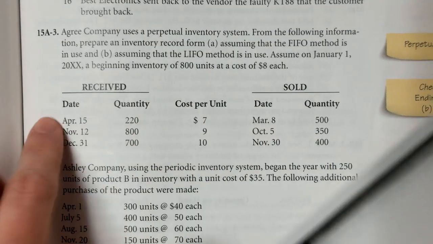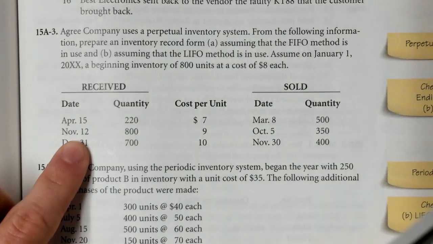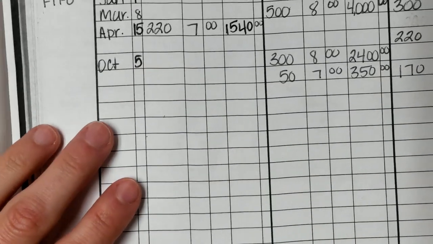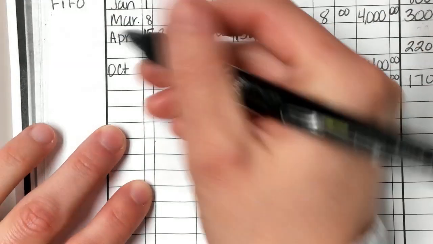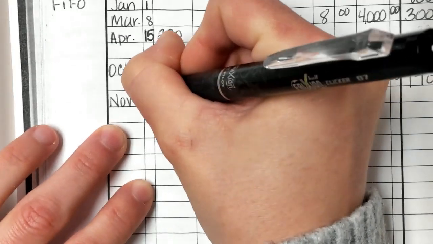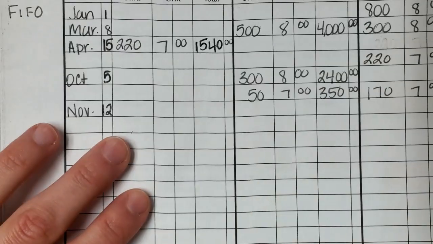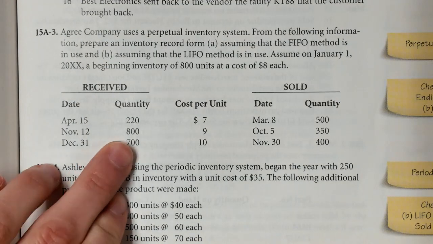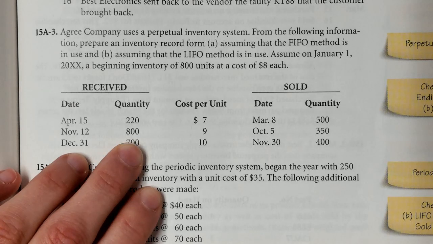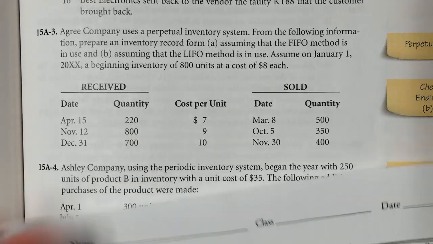We did March, April, October. We're going back to November 12th now. So the next one in order, chronological. November 12th. Again, make sure you go to the next completely open line. November 12th tells us that we received 800 units at $9 a unit.